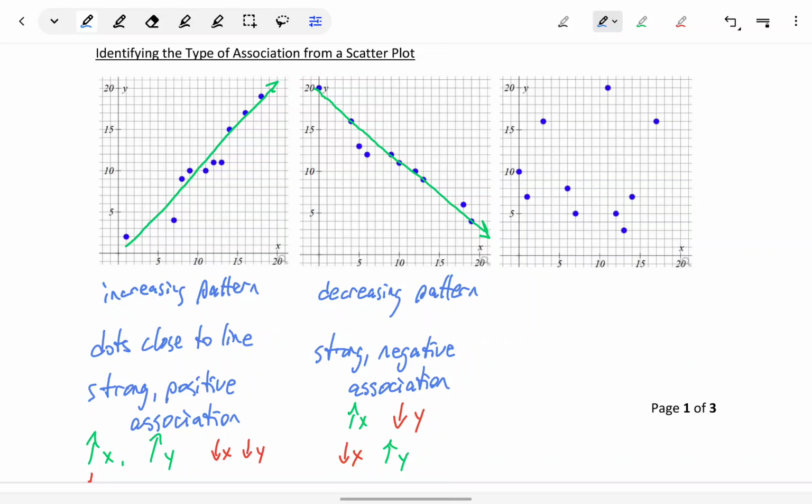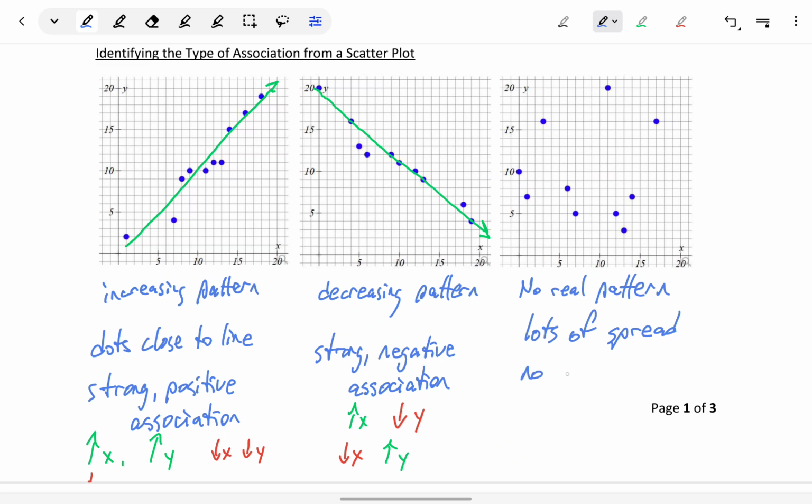And then we have our last graph here, where the points are just scattered about with no real strong, discernible increasing or decreasing pattern. So we could say here that there's no real, at least linear, pattern to this data. There's lots of spread, meaning the dots aren't all collected following a certain path or pattern.